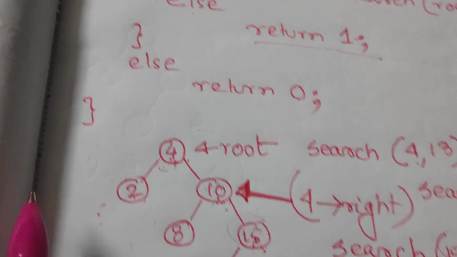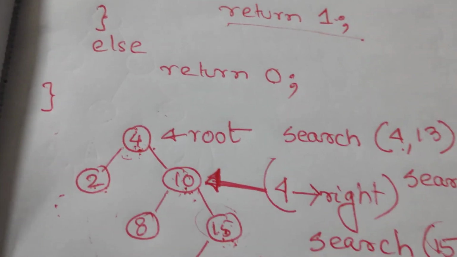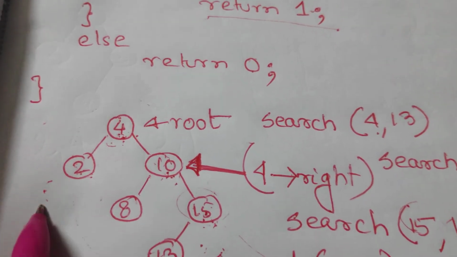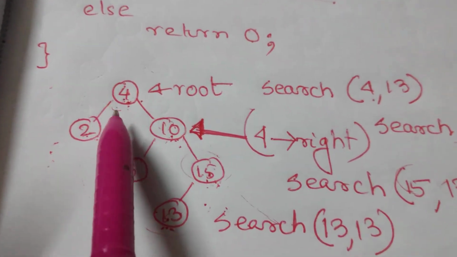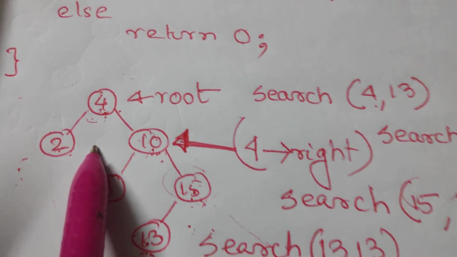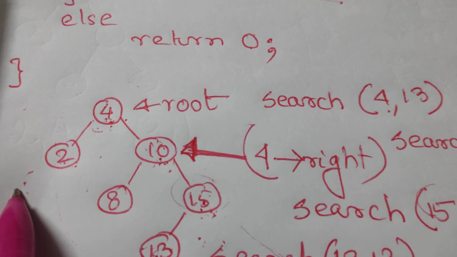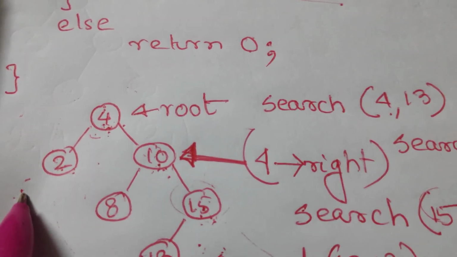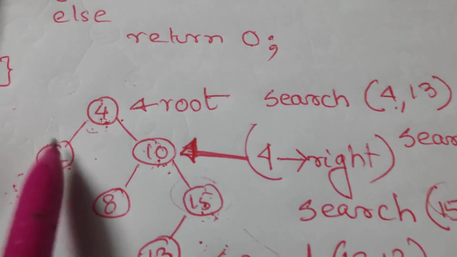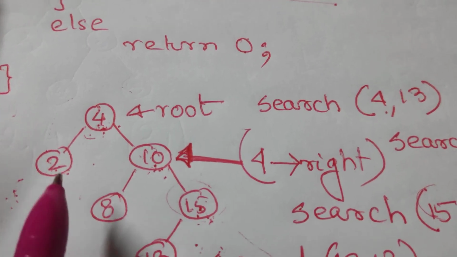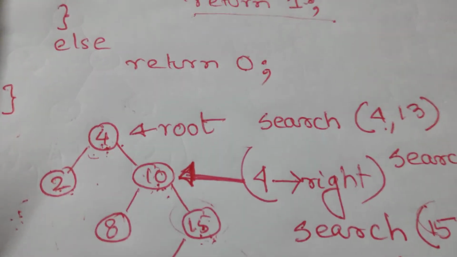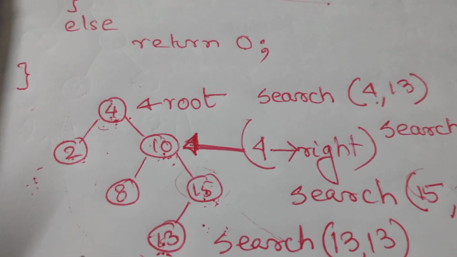If 1 ever exists, 1 would exist on the left hand side of 2 in this binary search tree, because that is the nature. We have reached a point where 2 does not have a left child. So that means this number 1 cannot exist in this binary search tree.